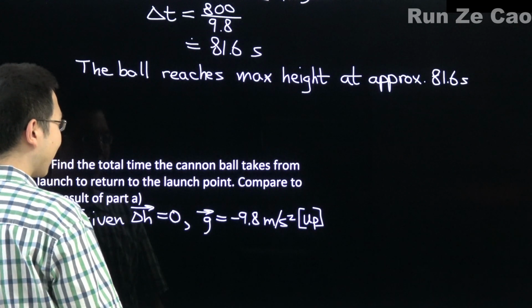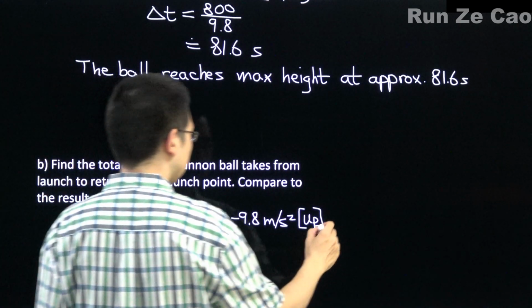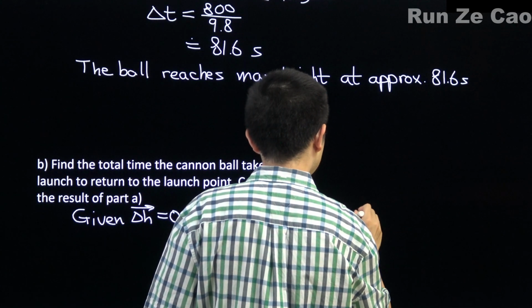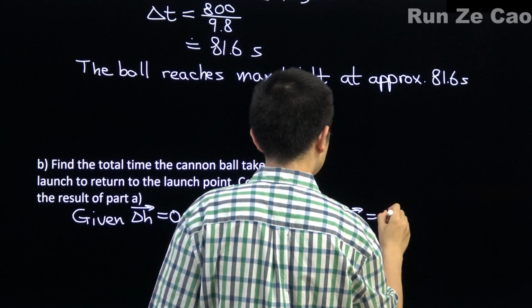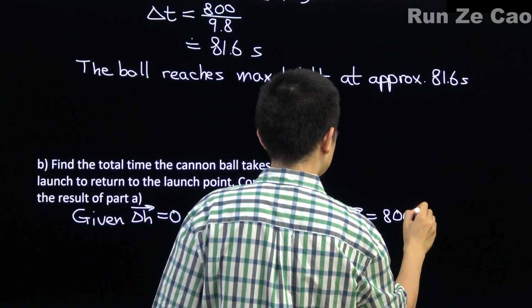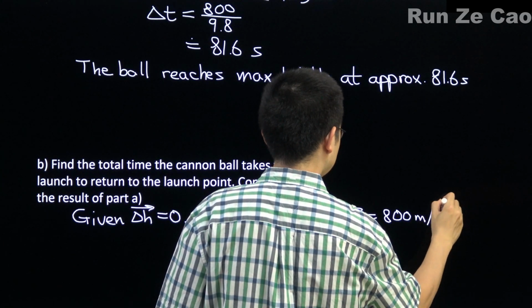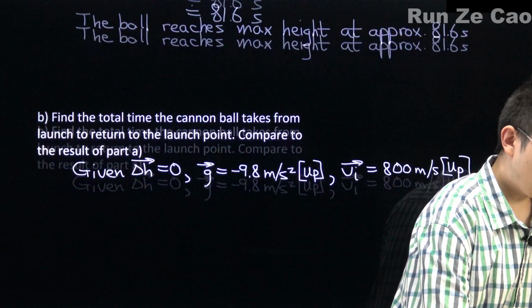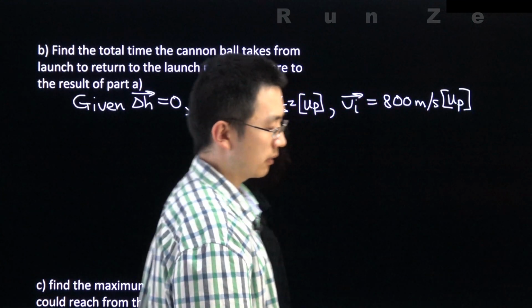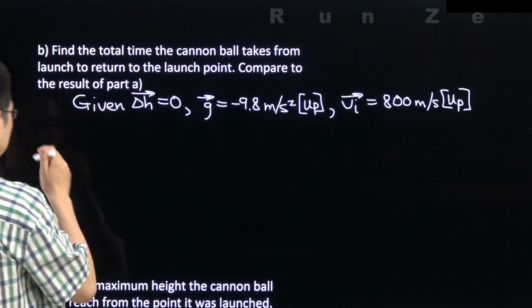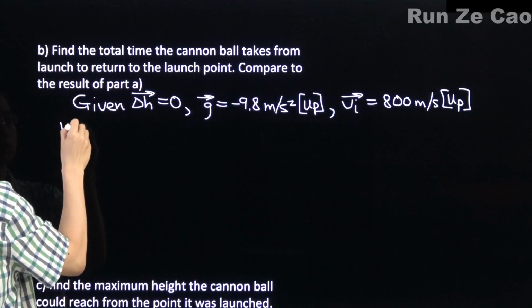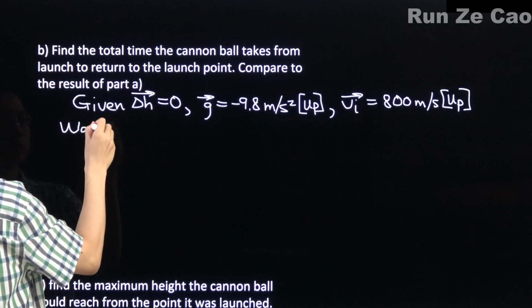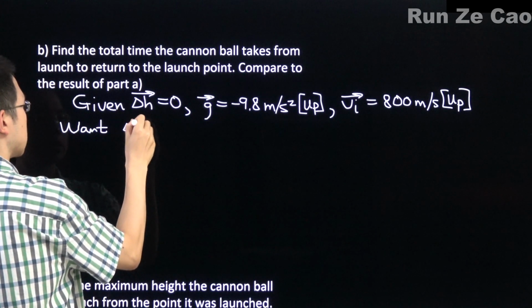And what else do we know? We know that the initial velocity VI equals 800 meters per second up. Well, we want the time, so we want delta t.